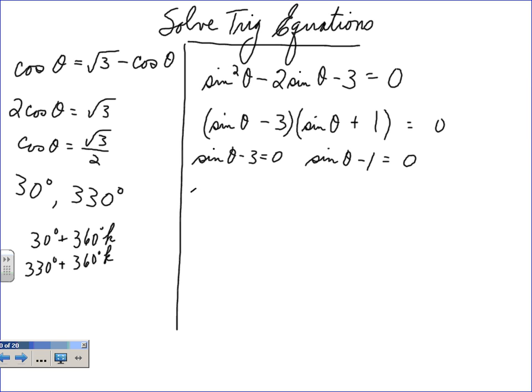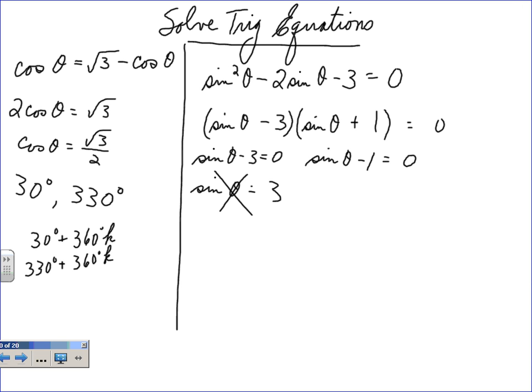Add 3. Right, there's no solution on the left side here, because the sine of an angle has to be between 1 and negative 1, right? So we have a solution that doesn't work.